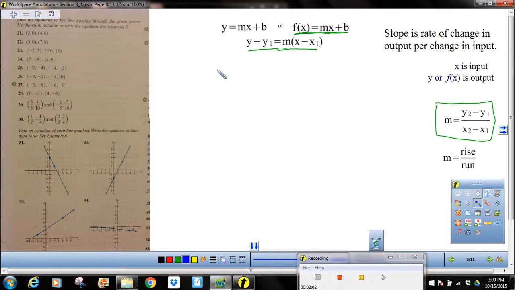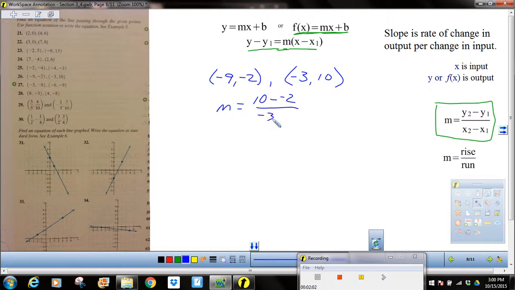Number 26. First I need the slope. Once I have the slope, I plug it into the equation in the point slope form because I have points and the slope. I think I'm going to let this point over here be x1, y1.